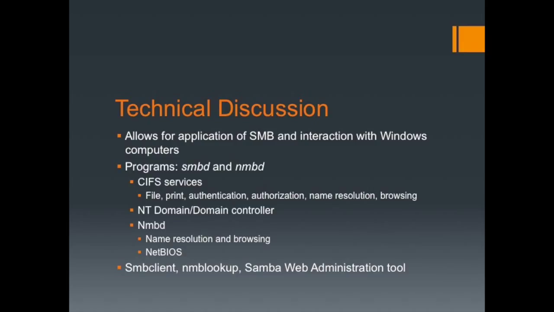It's useful when trying to find NetBIOS names and matching them with the correct IP address. And then the final tool is the Samba Web Administration Tool, which allows for configuration of Samba using a web browser. They're all very common tools that are used a lot when a client is using Samba.